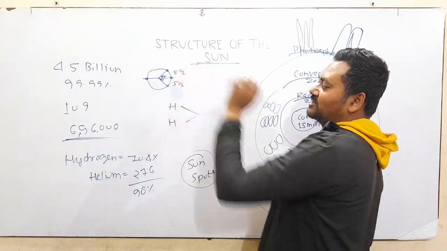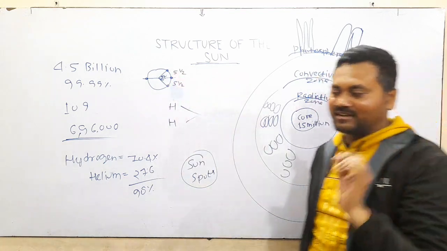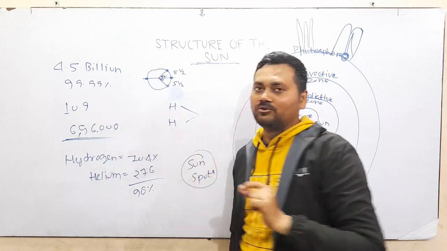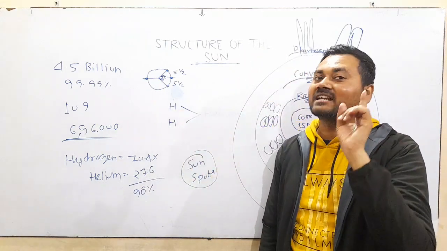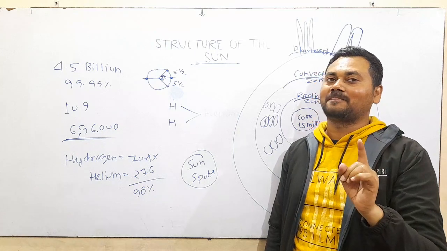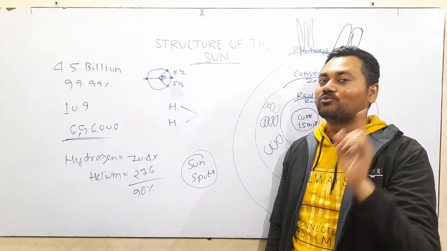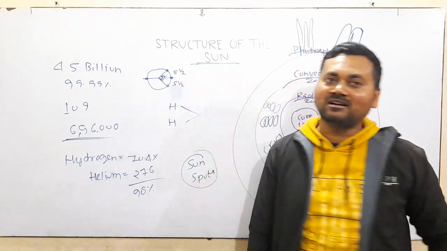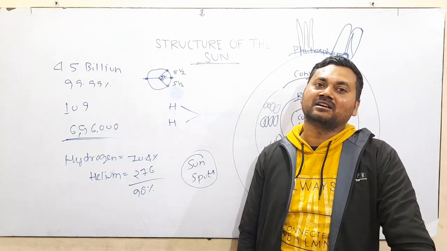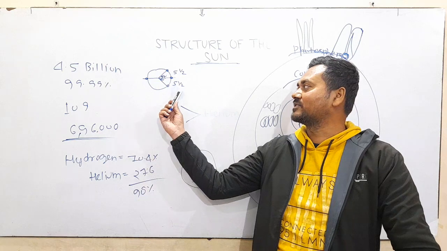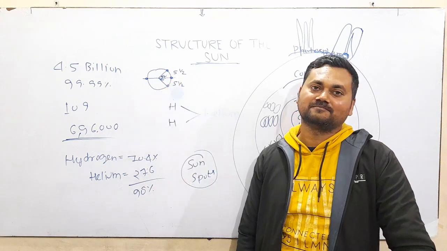We can conclude that after every 11 years, we experience one solar maxima and one solar minima, when you add this 5.5 and this 5.5.